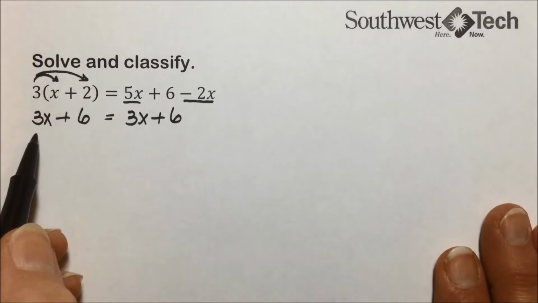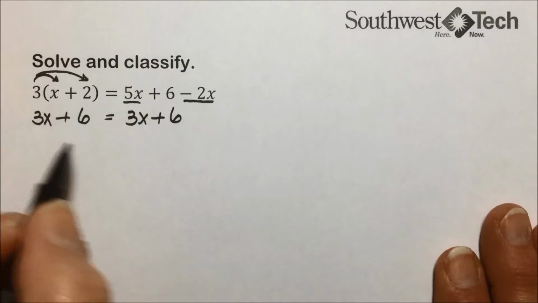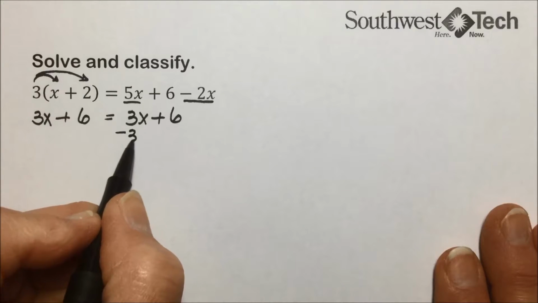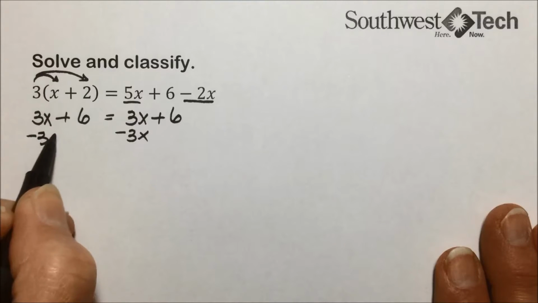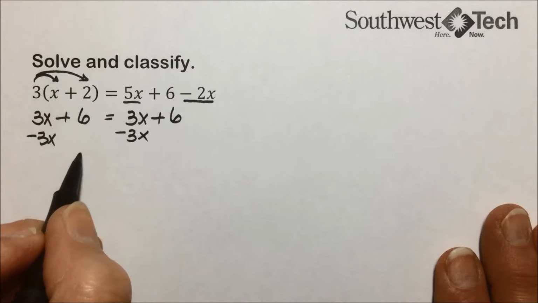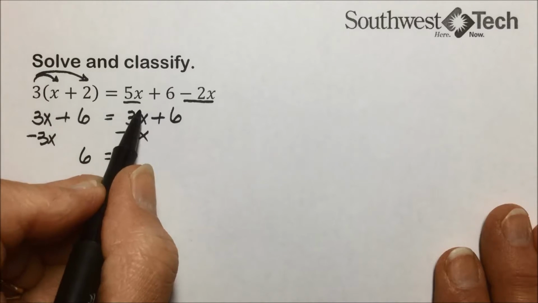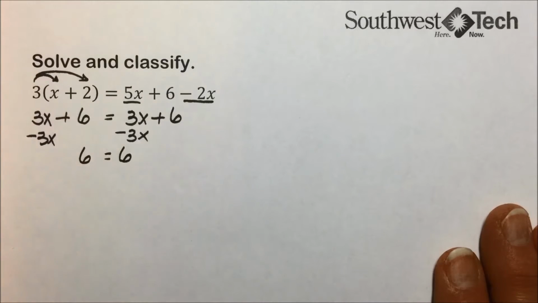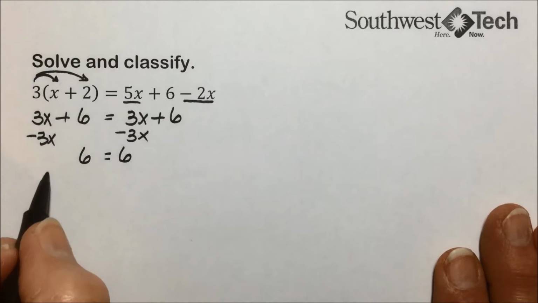If we didn't catch that we have the same thing on each side and moved on to put the variables together, we could subtract 3x from each side. That should be an indicator that something's up, because the variable disappears, leaving 6 equal to 6, which is also an identity and true.